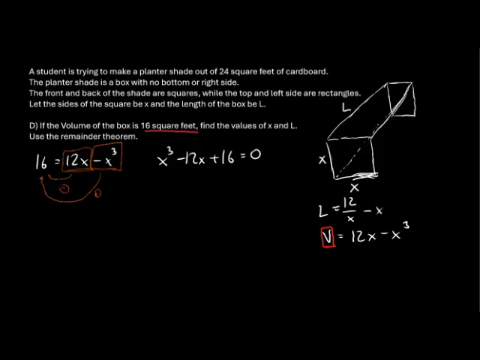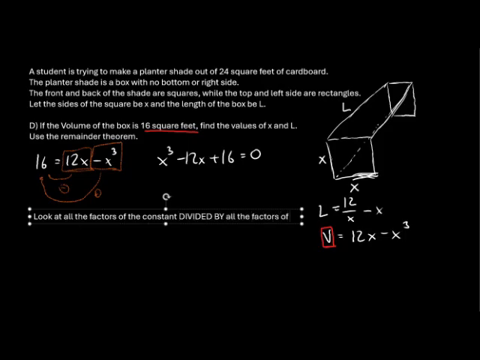Now let's think about all of the possible rational solutions to this polynomial. We're going to have to take all the factors of the constant divided by all the factors of the highest power coefficient. Our constant is 16. Now, let's think of all the numbers that can divide into 16 evenly. 1 certainly could.